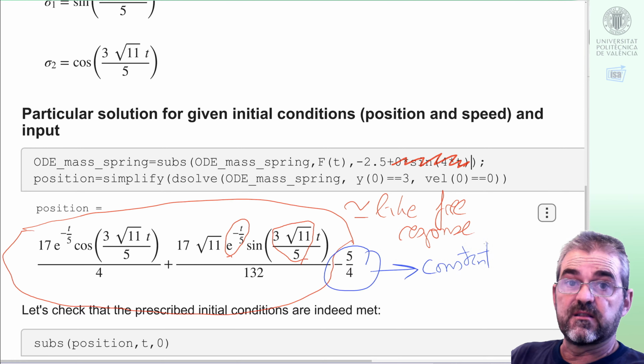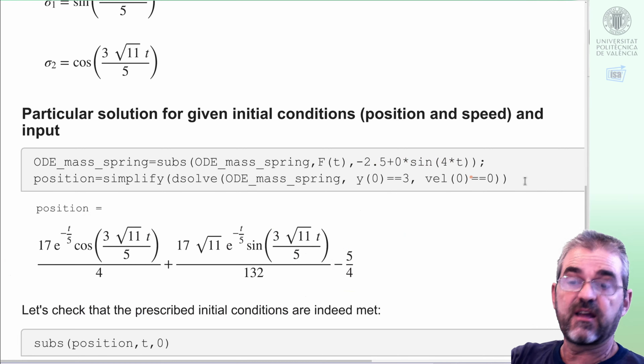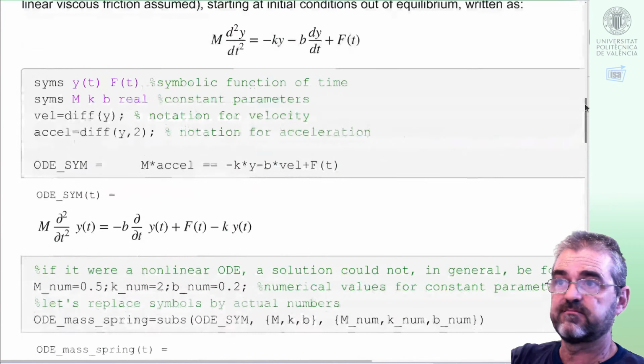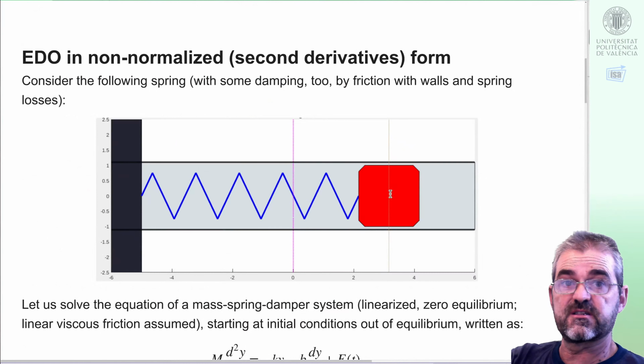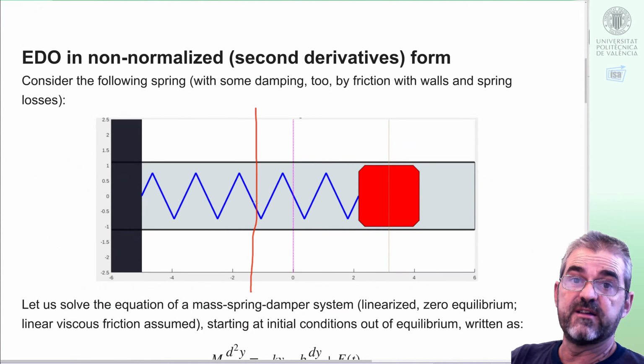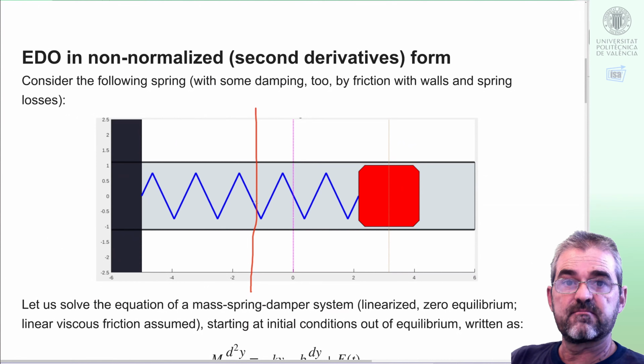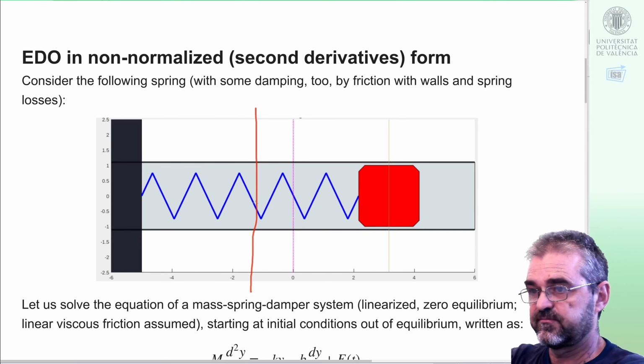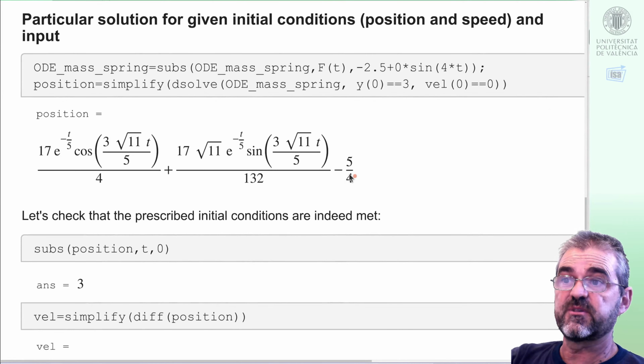Indeed, we can understand this as, if I push in the negative direction, so leftwise, if I push this to the left, then the equilibrium will displace to the left under the new force, but otherwise the dynamics keeps unchanged. So this is the physical interpretation of this constant plus something very similar to the free response.